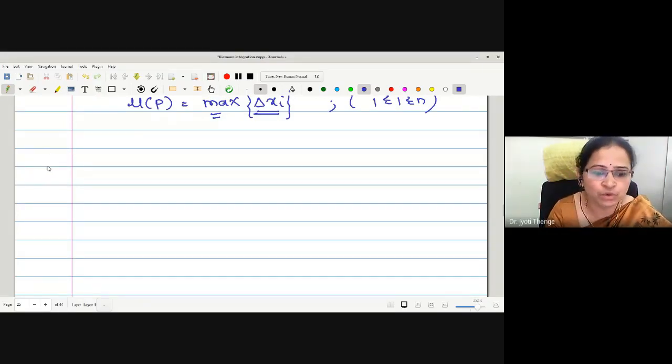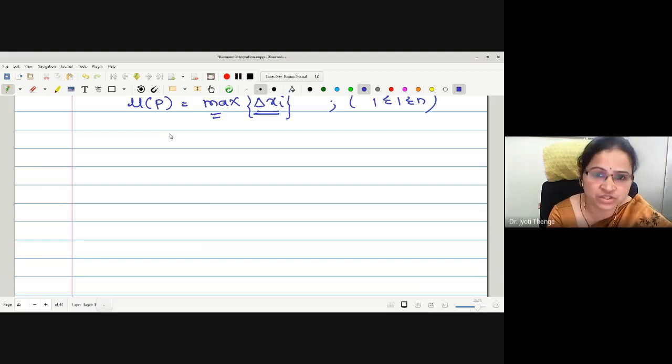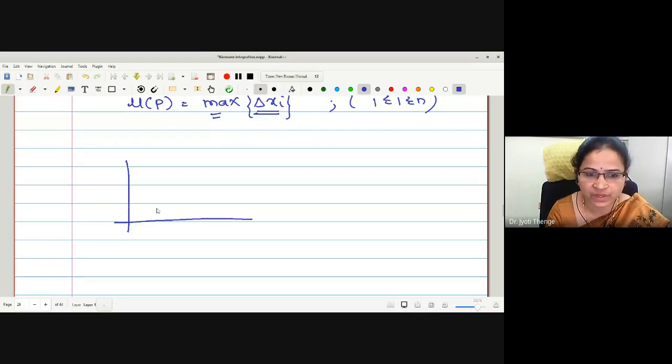If there are no doubts, let me go to an important theorem. The theorem actually we have discussed. What we have discussed initially, I think you are remembering the concept that whenever we increase the number of points in the partition, then upper sum decreases. Right? Correct now? We have seen this. This is the curve, and whenever we increase the number of points, upper sum decreases.